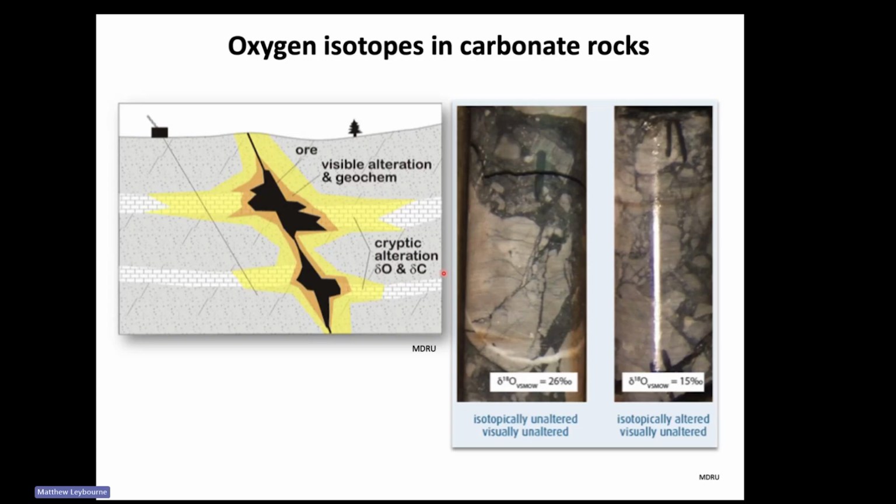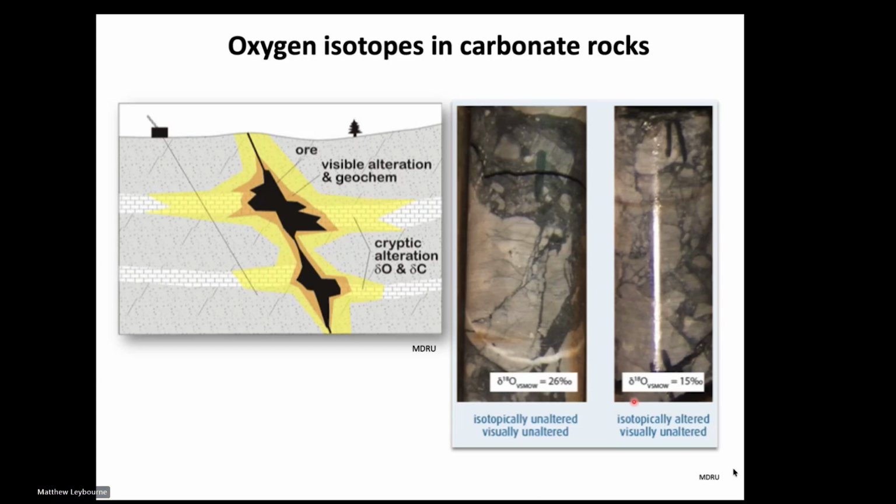People have also looked at oxygen isotopes in carbonate rocks. So if we look at the image on the right, this study was done in Nevada and Carlin type deposits. And I think in the syllabus, Bob had a video on Carlin type deposits that you could look at. But the core on the right and the left, these two cores, they look visually the same.